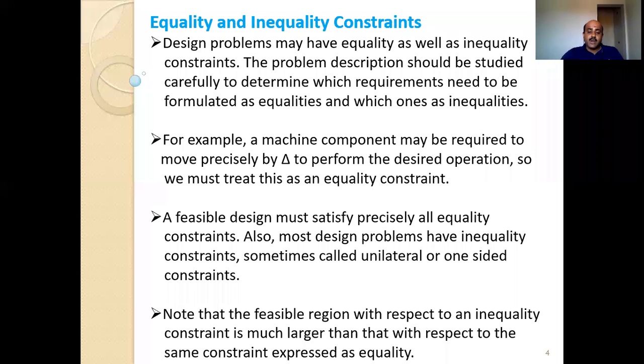Note that the feasible region with respect to an inequality constraint is much larger than with respect to the same constraint expressed as an equality. So this is regarding equality and inequality constraints. Hope you have a clear idea of what is inequality and what is equality. Whenever a problem description is given, you need to study it carefully and determine which requirements should be formulated as equalities and which as inequalities.